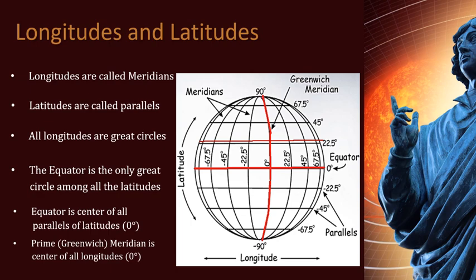And these ones which cut the sphere vertically are called longitudes. When you come to the center here, which is 0, when you go horizontally, that is the equator. When you go vertically, that is the Greenwich or prime meridian.